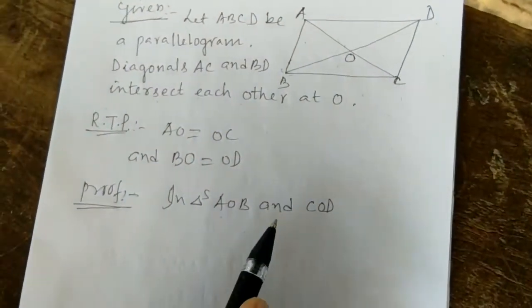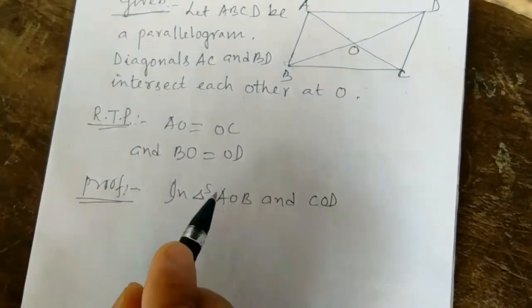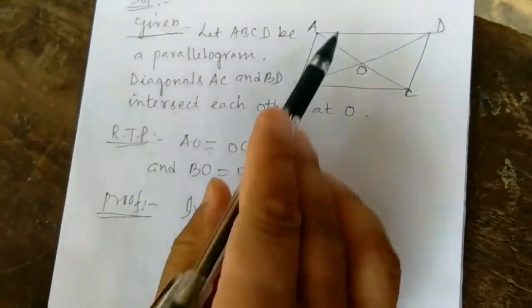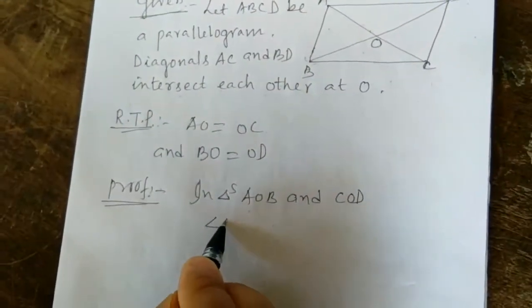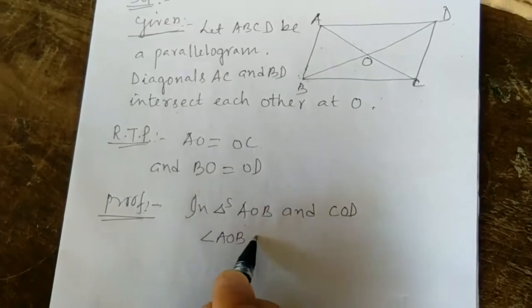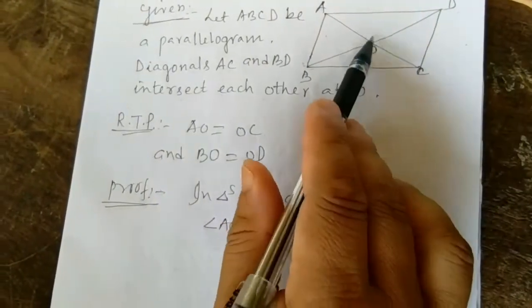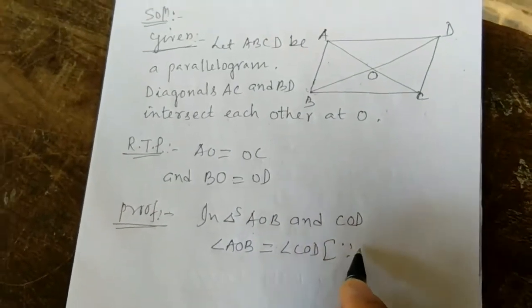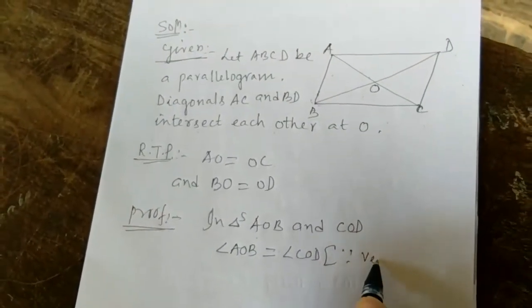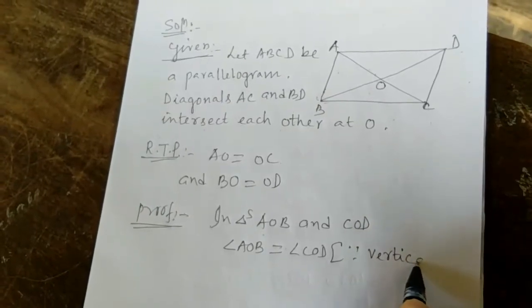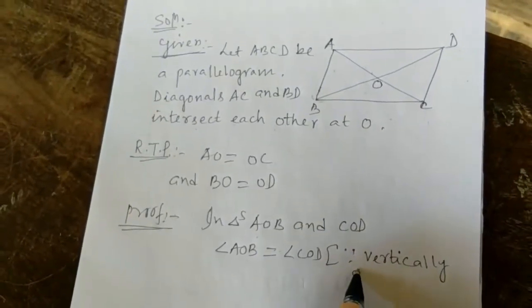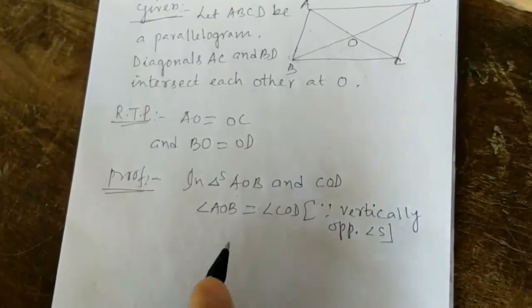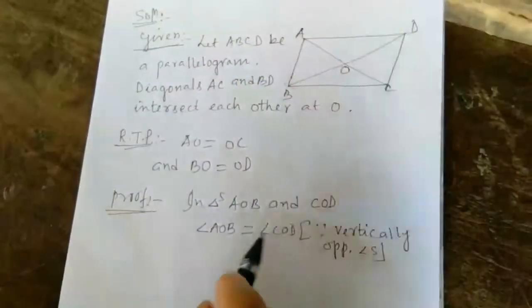So we can write like this. Angle AOB equal to angle COD. Reason: since it is vertically opposite angles. Again we can write AB equal to CD.